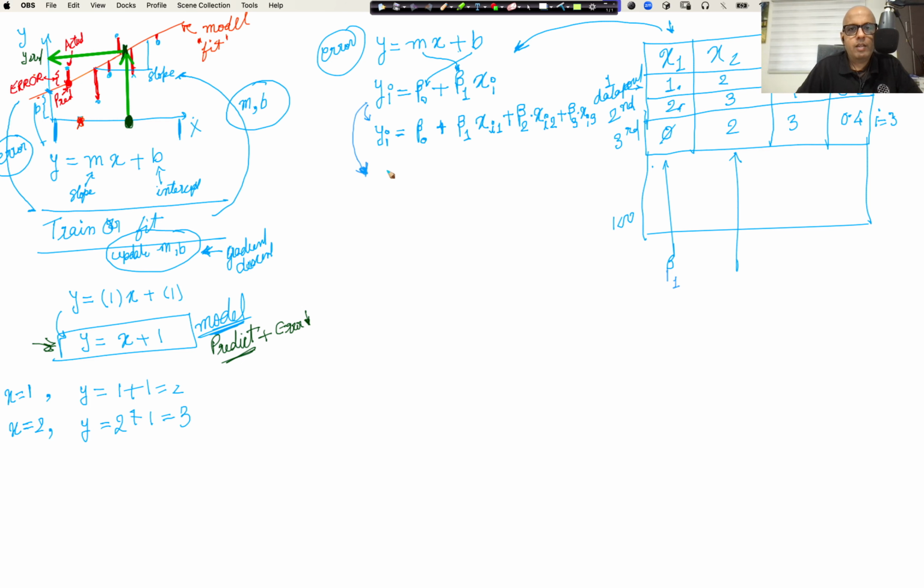Now, when we look at this equation, here y is the predicted value. So we are going to say that y is the predicted value, and we could show it by a cap on top.